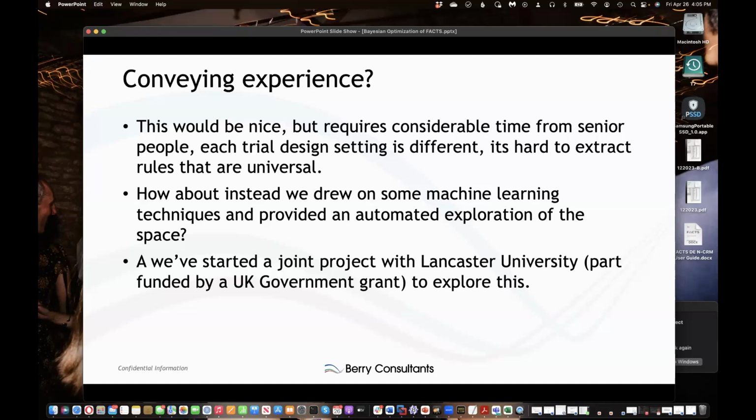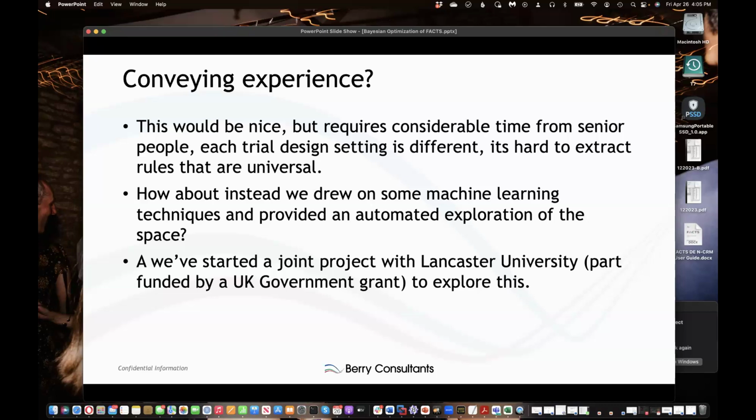And we thought, well, instead of trying to put together teaching on optimization of design, which we might do at some point, we could supplement it by exploring some options to automate the process, and we draw on some machine learning techniques.